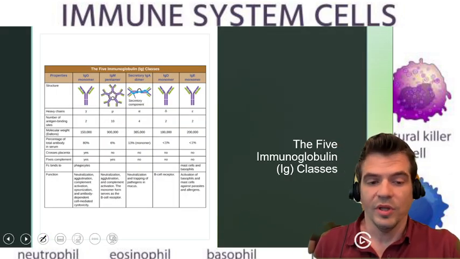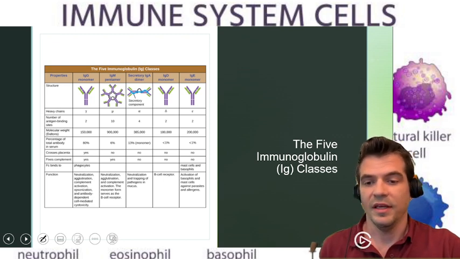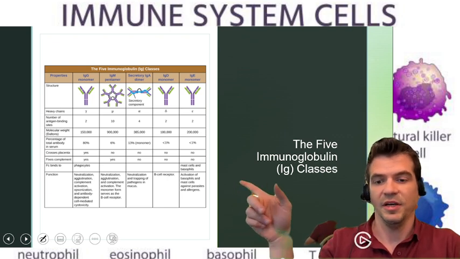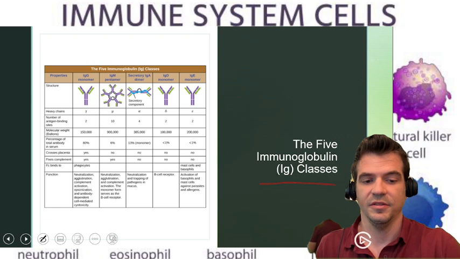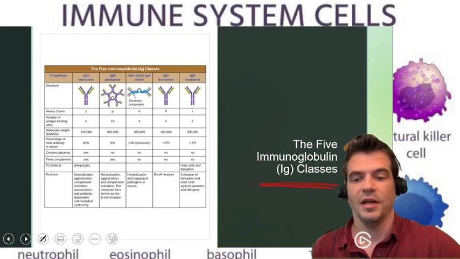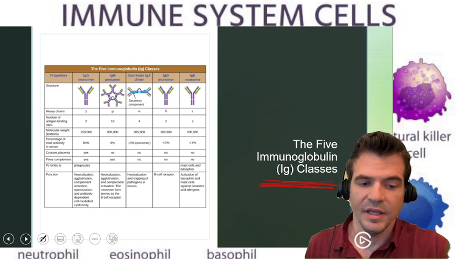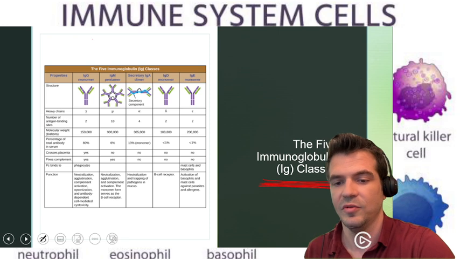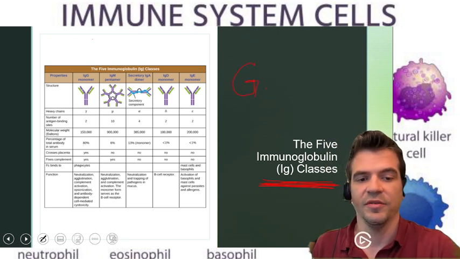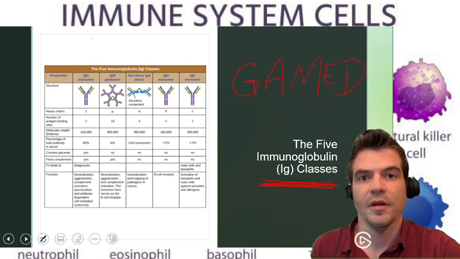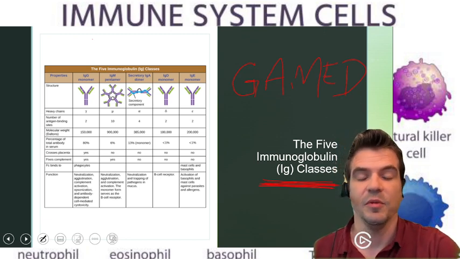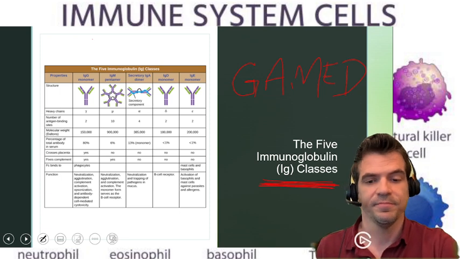And so we'll end with the 5 classes of antibodies, or immunoglobulin classes. Certain antibodies are in the immunoglobulin class, and these immunoglobulins have certain roles. Remember, we have GAMED, and we can use GAMED to remember our 5 immunoglobulin classes.